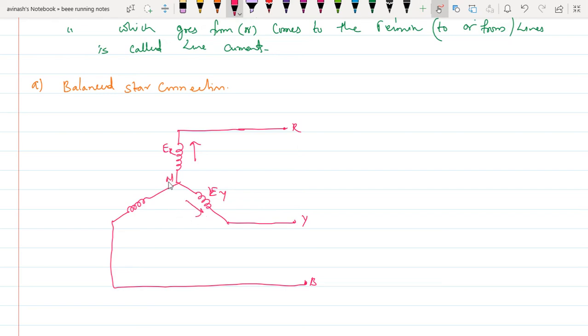If this is the neutral, all currents are leaving from the junction. This will be nothing but a neutral wire.